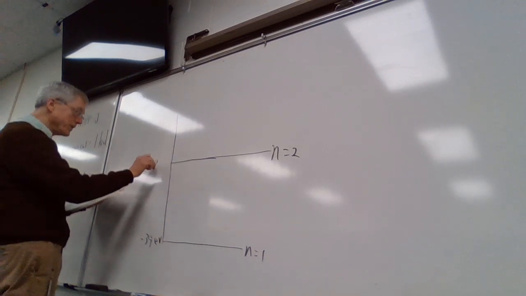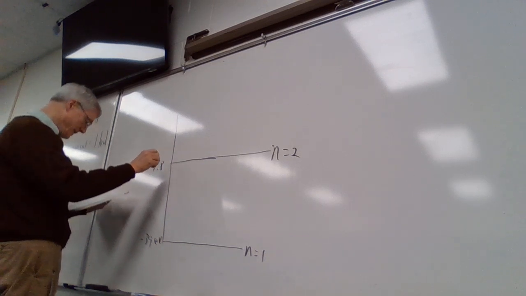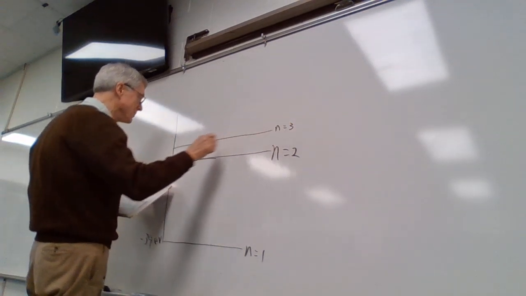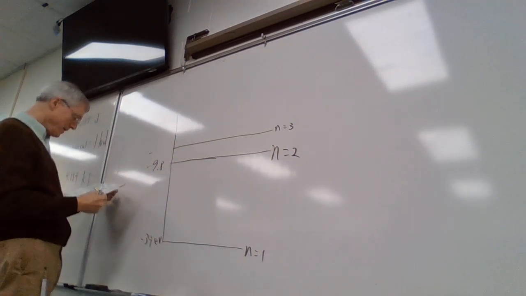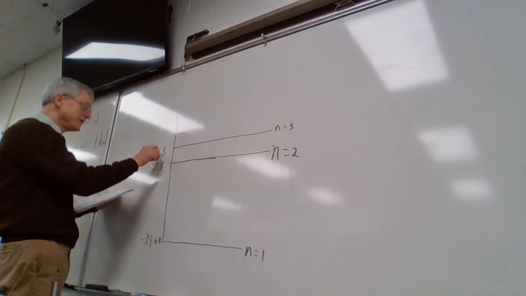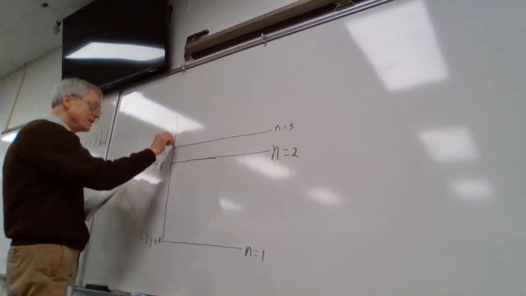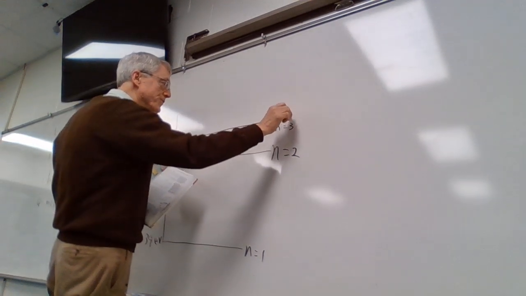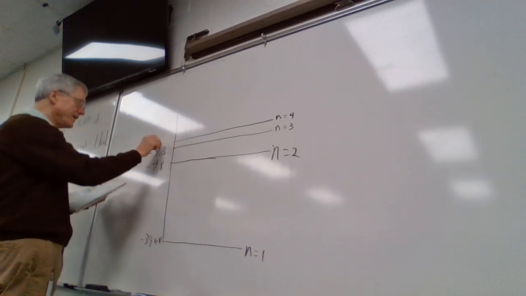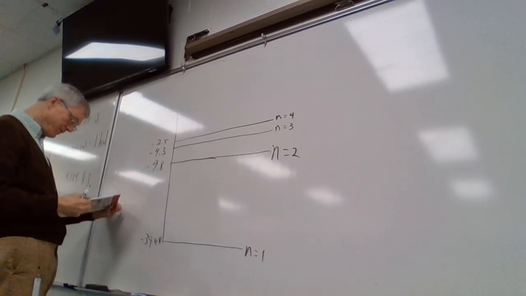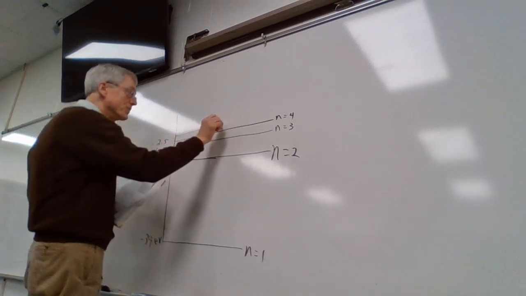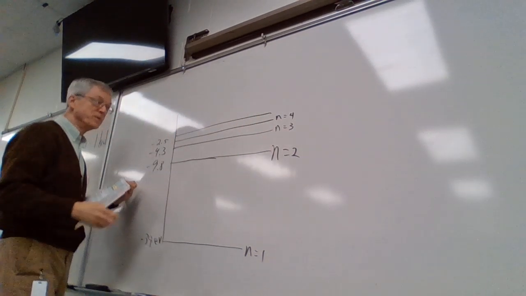The n equals 2 would be negative 9.8, and the n equals 3 would have energy of negative 4.3, and then the next one, n equals 4, is going to have energy of negative 2.5 electron volts. And then there's some more, which we're going to ignore for the moment.